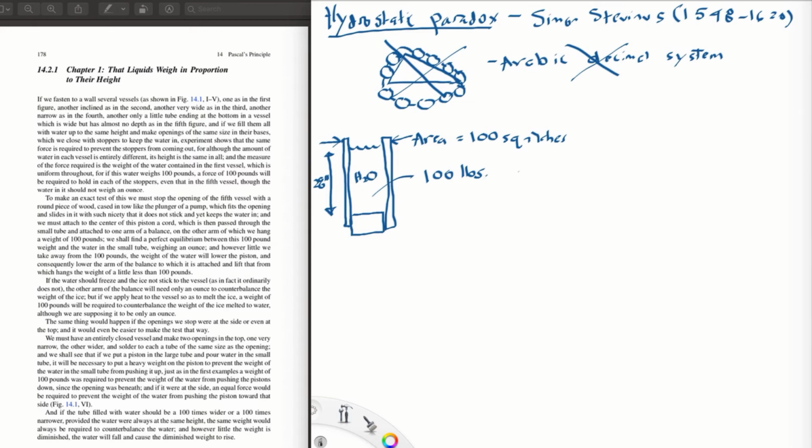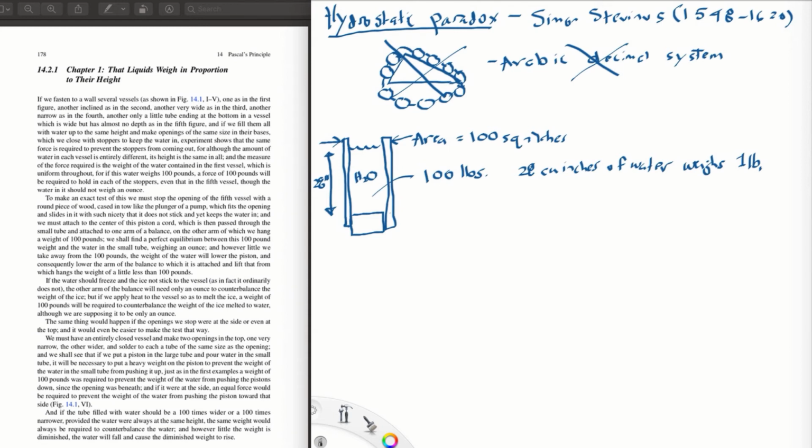That is because 28 cubic inches of water weighs about 1 pound. So there we have 2,800 cubic inches, and so we have about 100 pounds of water.